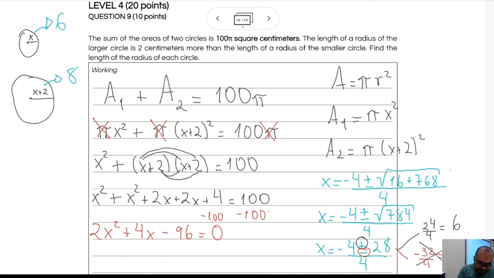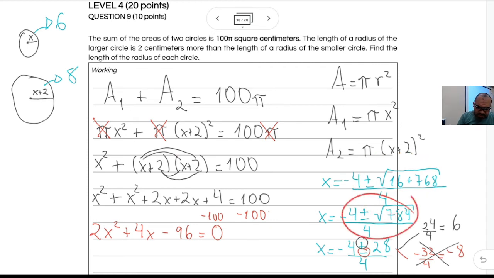Plug in the quadratic formula. Guys, the quadratic formula is always the best way to solve problems. It's quick, fast, easy, okay. Plug in the quadratic formula and solve it here.